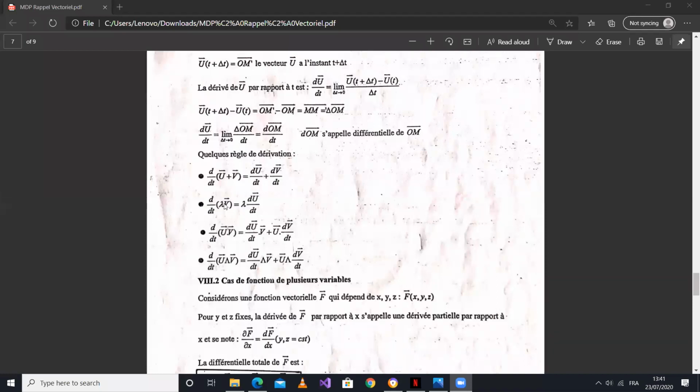For those of you that have already done calculus before, a constant won't change anything, whether it's in the differentiation or whether it's out of it. And mostly we just prefer taking it out because it's just going to disturb our calculation. So if you have d de lambda v dt, it's the same as lambda outside. You just ignore the lambda, and then you have d. This is not supposed to be u, it's supposed to be v, d de v sur dt.